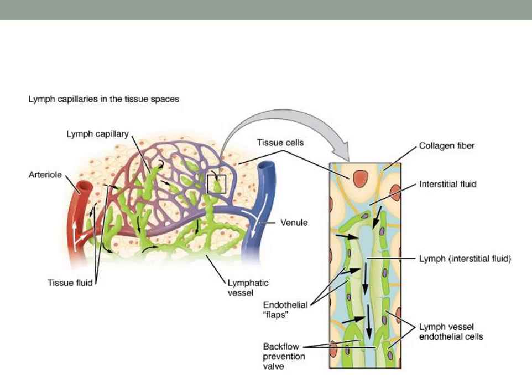And then the small picture on the right side of the screen is a small piece that has been pulled out and magnified so that you can see the interstitial fluid or the lymph and sort of how it will flow back to the vascular system. So you can see with this picture on the left that the lymphatic system is intertwined with the capillaries in the capillary bed. And that's how lymph is filtered back into the bloodstream.